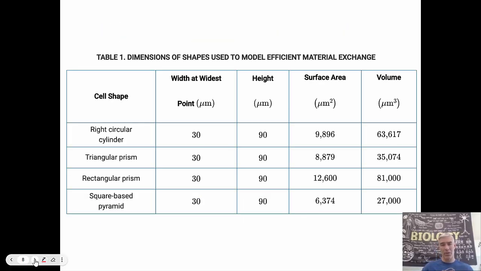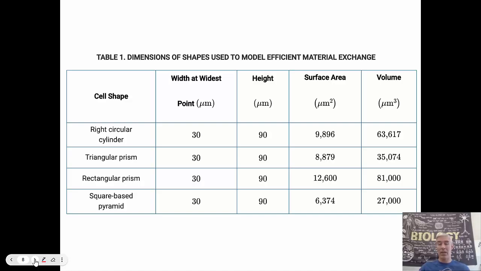What the AP requires you to do then is actually calculate this stuff. So what we are going to do here is calculate the surface area to volume ratio of each object. Now in this case, they give you the surface area and volume of these shapes. They could make you calculate the surface area and the volume also, and determine the surface area to volume ratio.